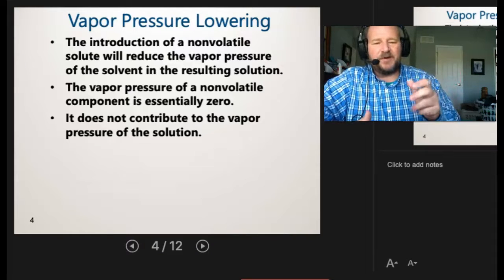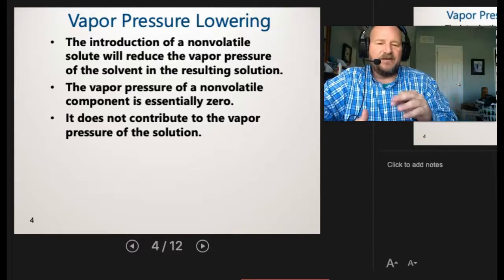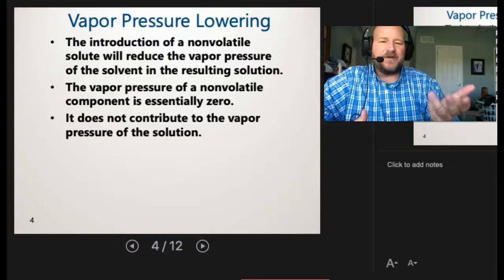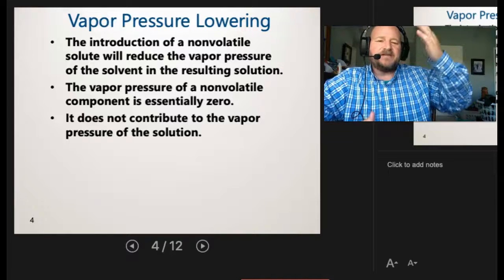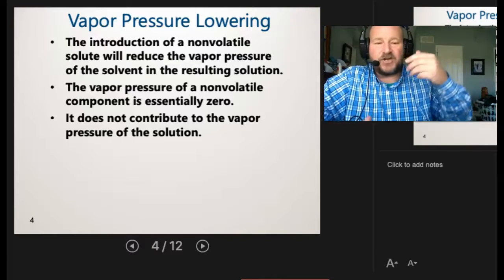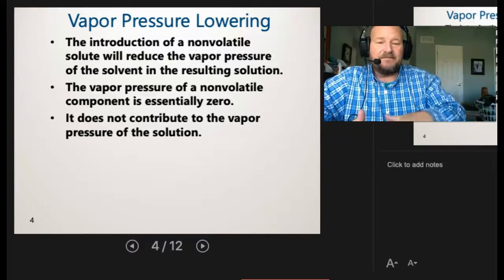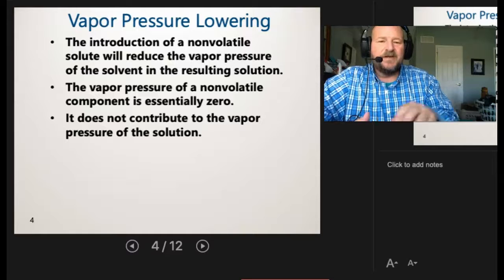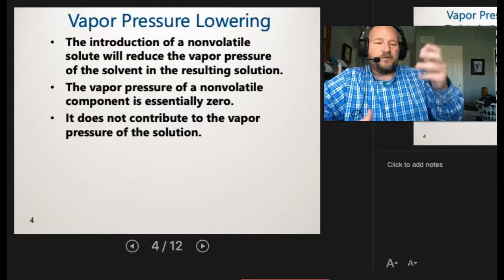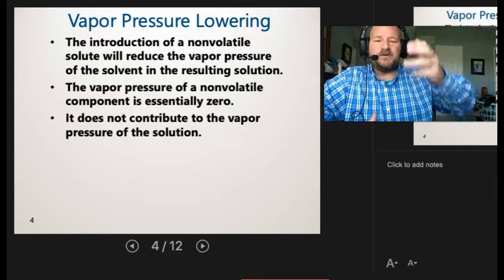If we change that pressure, we can push it down so that more of the water stays as a liquid rather than becomes a vapor, or we could add to the pressure. If the pressure goes up, the vapor wants to become a liquid. If the pressure goes down, so we pull a vacuum, then we're going to pull the vapor out of the liquid.